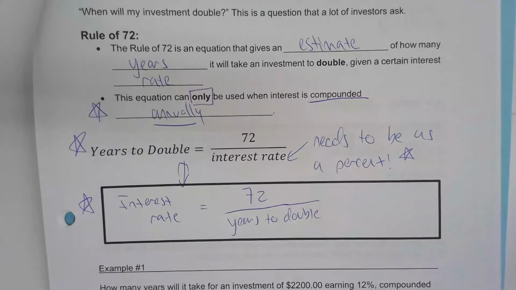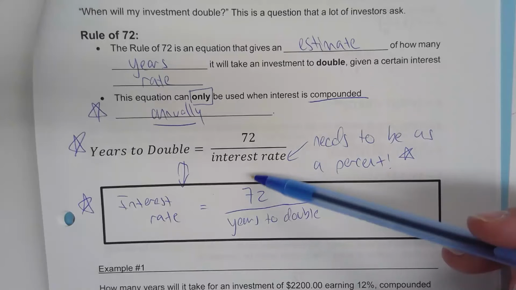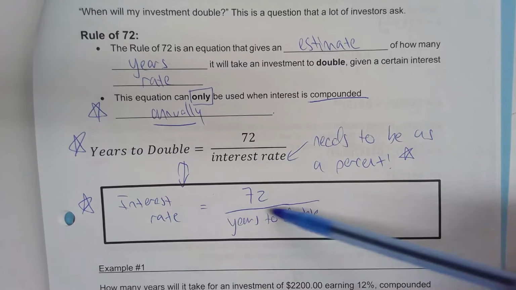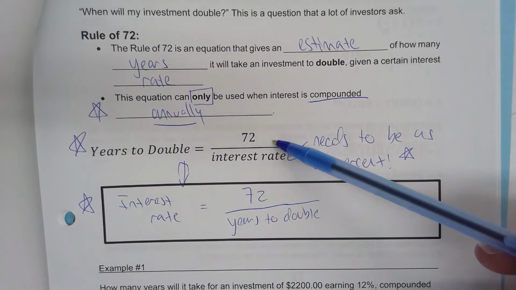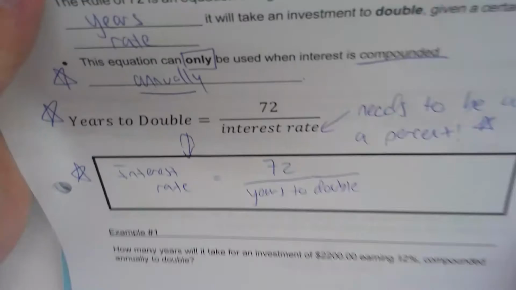So it just depends on what you're looking for. If you're looking for the interest rate, you'd use this one. If you're looking for years to double, you use this one. Both would be really good on a study sheet because we might need to use both. Okay, let's give it a shot.